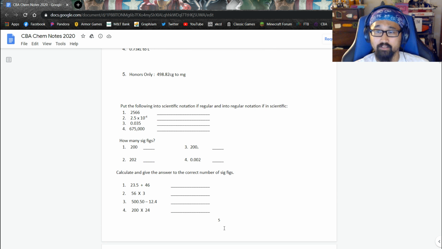That might seem strange, but page 5 is kind of like the last page of this section. I would like y'all to try to put this number right here into scientific notation. I'd like y'all to try to take this number right here out of scientific notation.